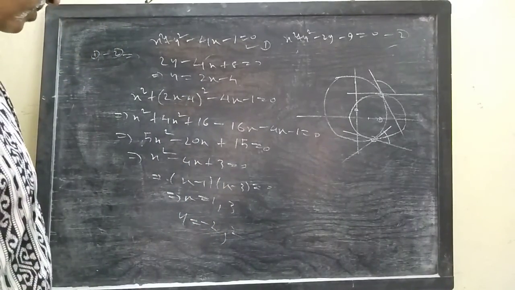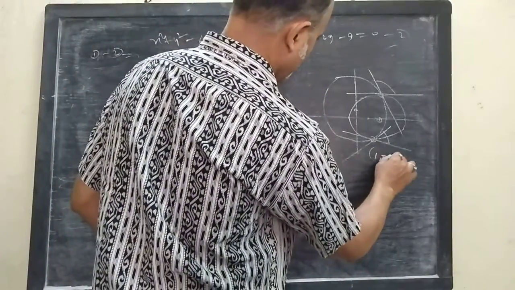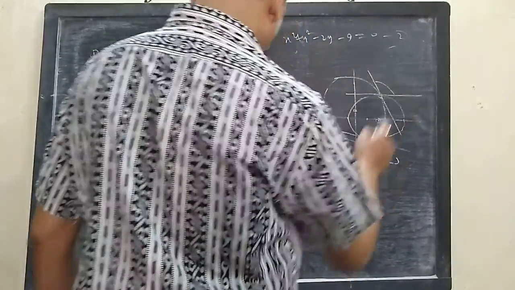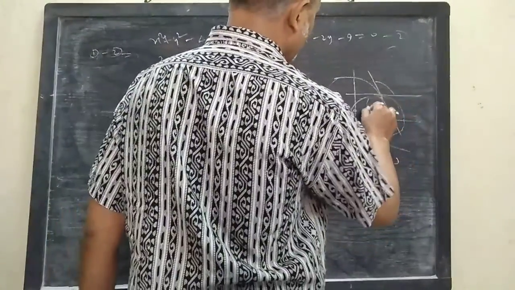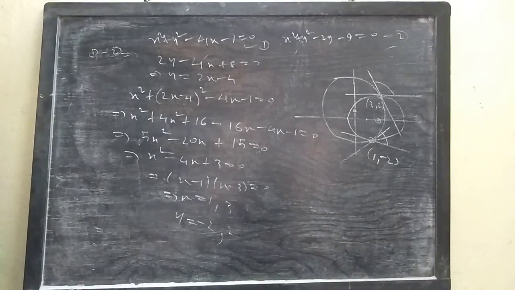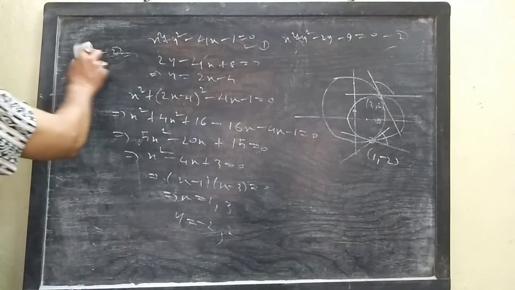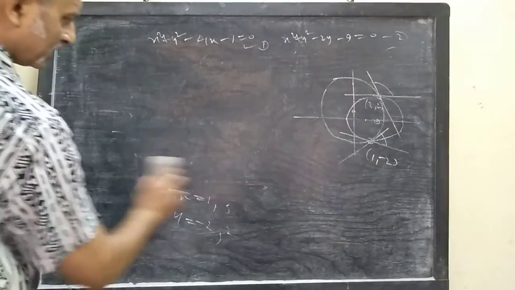So our one point of intersection is 1 comma minus 2, and the other point of intersection is 3 comma 2. Okay. Next our duty is to find slope of the tangents of the curves at their point of intersections.